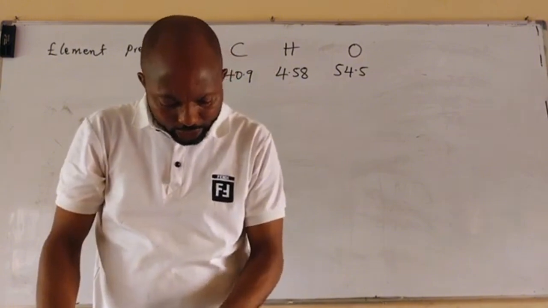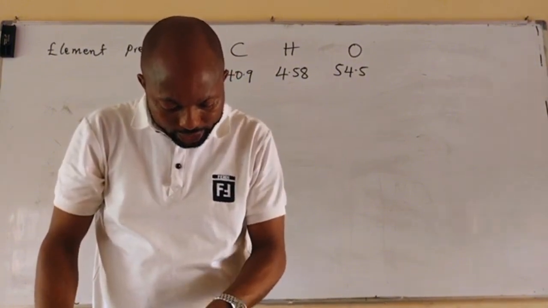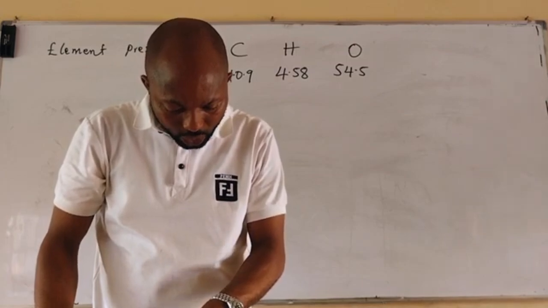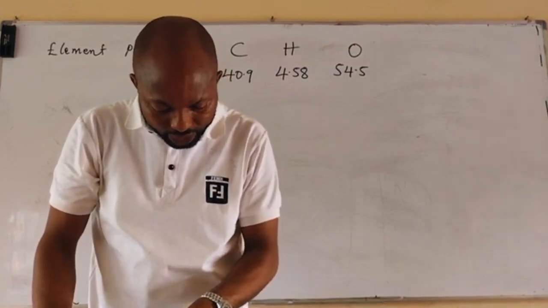From another experiment, the relative molecular mass of vitamin C was found to be 180. From this data, determine the empirical formula of vitamin C.